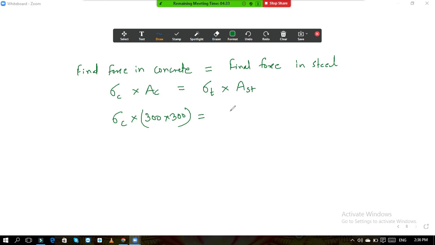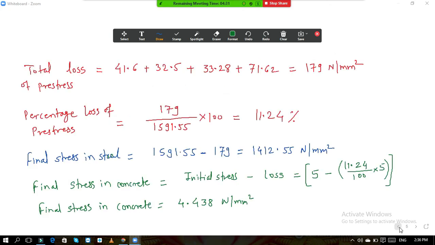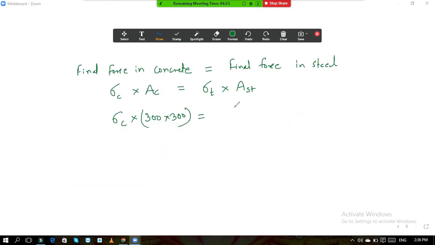The final stress in steel we have calculated already. So it is 1412.5 into the area of steel, which is pi by 4 into 3 square into 40.